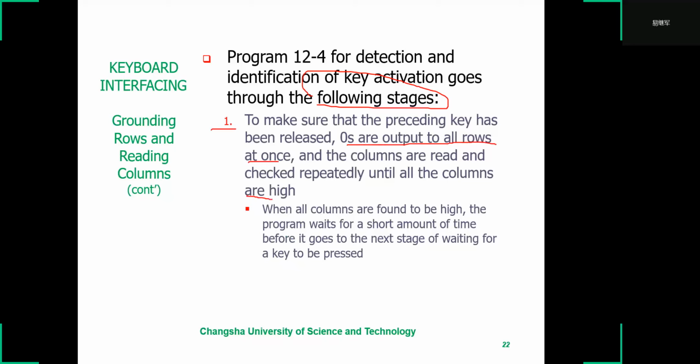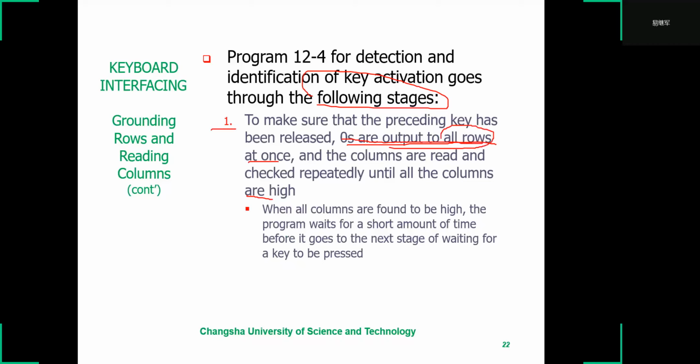This is step one. When all columns are found to be high, the program waits for a short amount of time before it goes to the next stage of waiting for a key to be pressed. Column output: zeros are output to all rows, and the columns are read for ones.